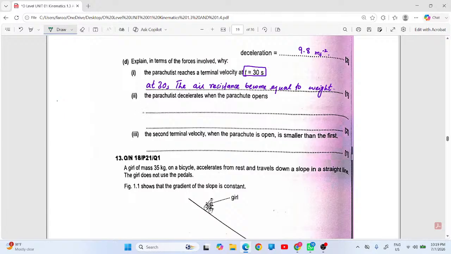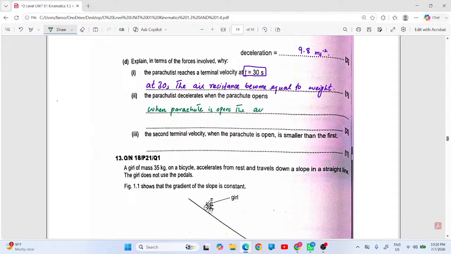Let us write: when the parachute is open, the upward air resistance becomes larger than weight.